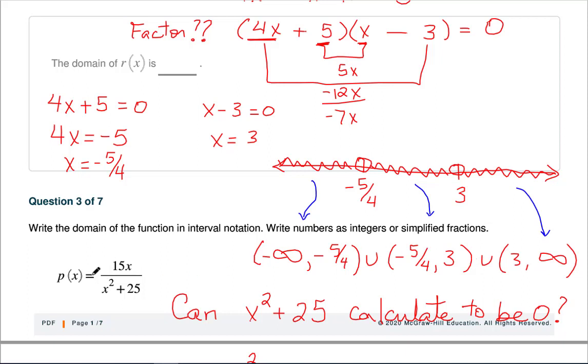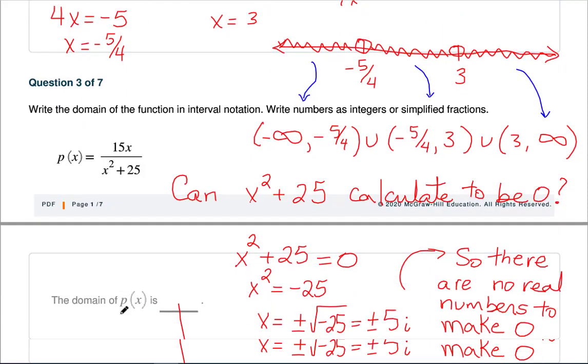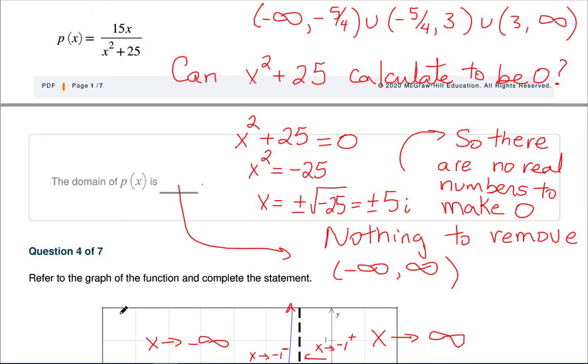Here in question 3, again, we have a rational function. I'm looking at a variable in the denominator. So I have to remove any number that would make it equal to 0. But the question is, can this denominator ever calculate to be 0? Well, let's see.